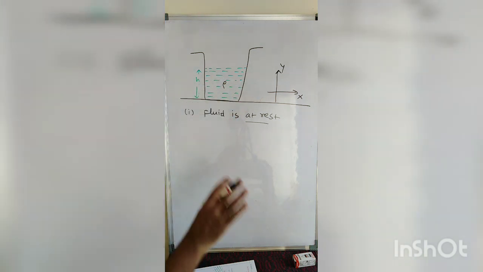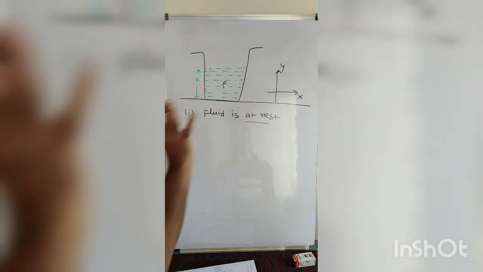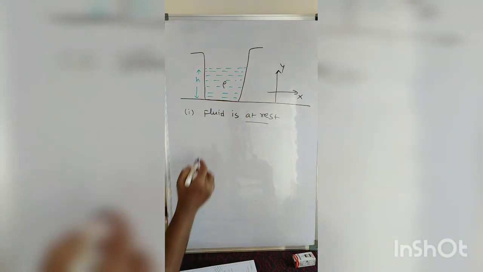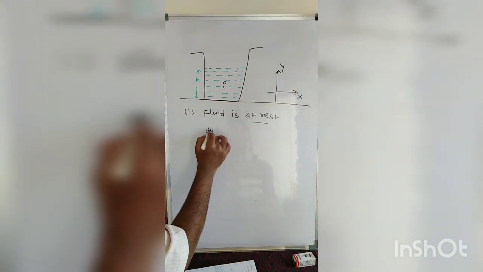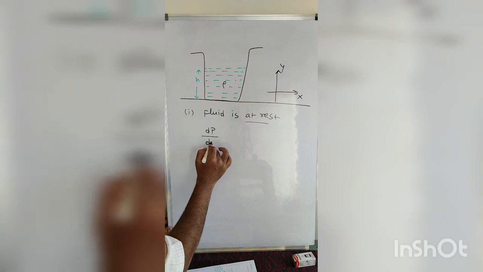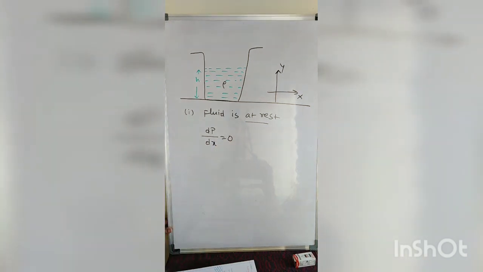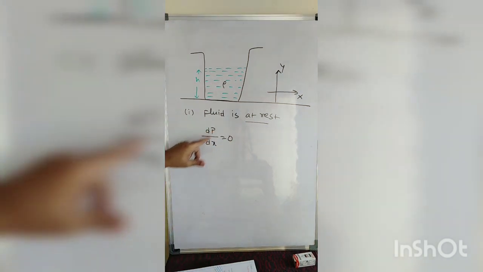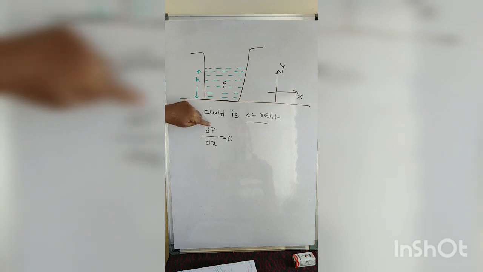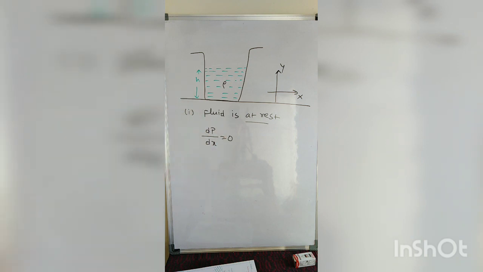There is no change in the pressure at all in the horizontal direction. Therefore, we can write dP by dx equal to 0. What do we mean by dP by dx here? The pressure change along the x-axis is 0, meaning there is no change in the pressure at all.